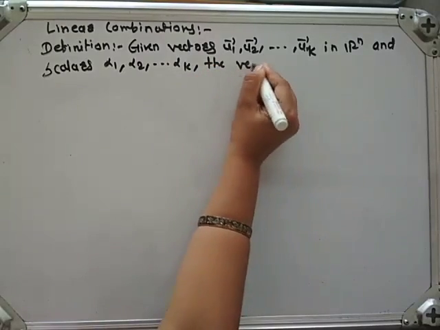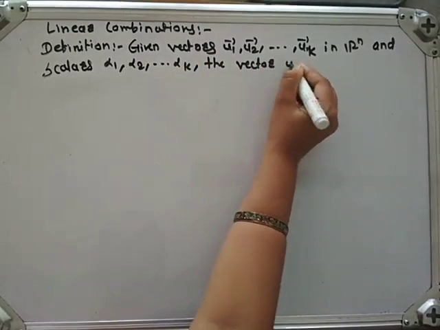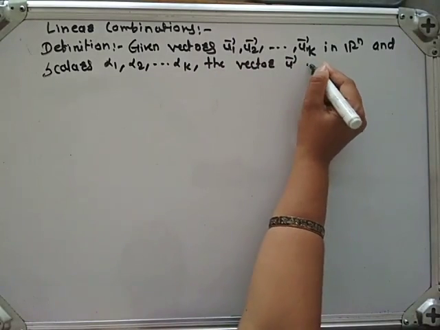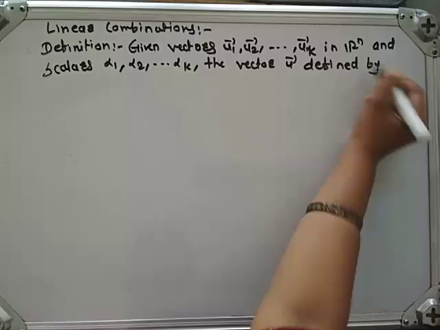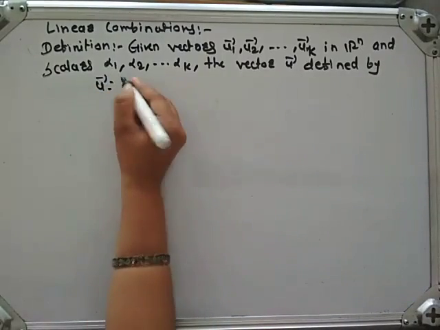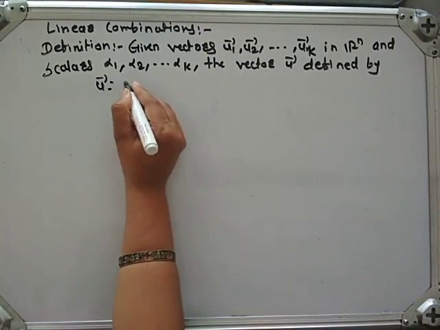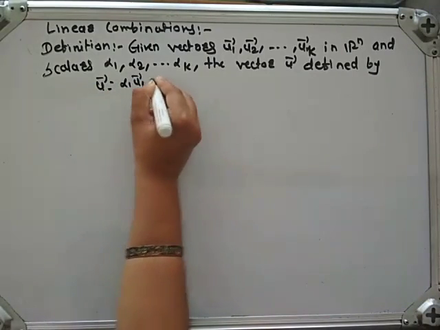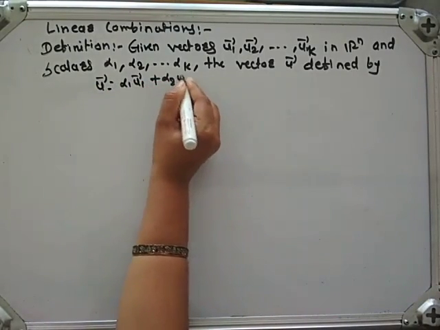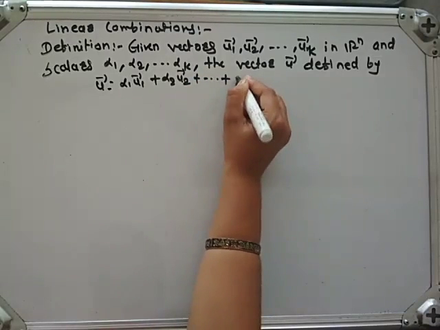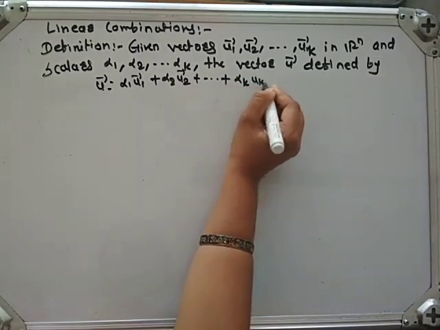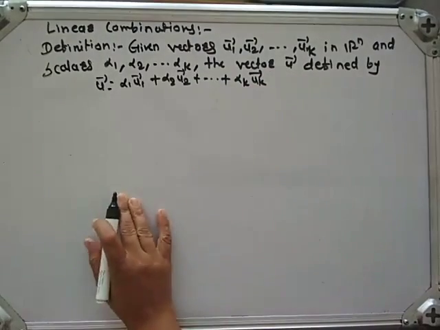The vector u bar defined by u bar is equal to alpha 1 u1 bar plus alpha 2 u2 bar plus and so on up to plus alpha k into uk bar.